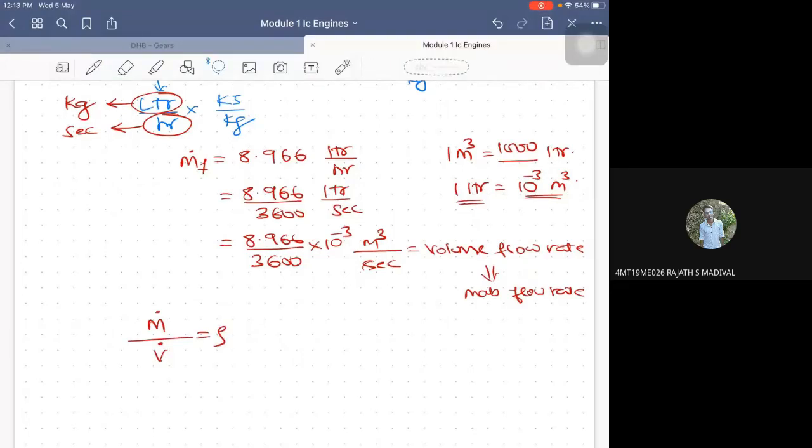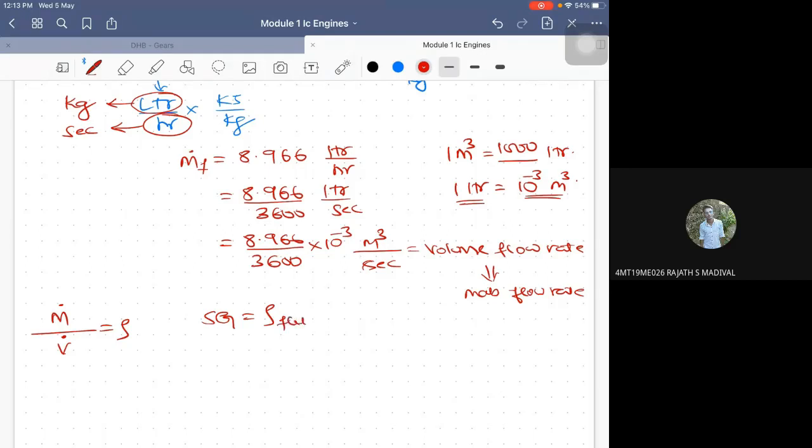I will keep this aside. Now I will move to specific gravity. What do you mean by specific gravity? It is the density of the fluid divided by density of water, correct? So density of fluid is equal to specific gravity cross density of water. Now what is density of water?